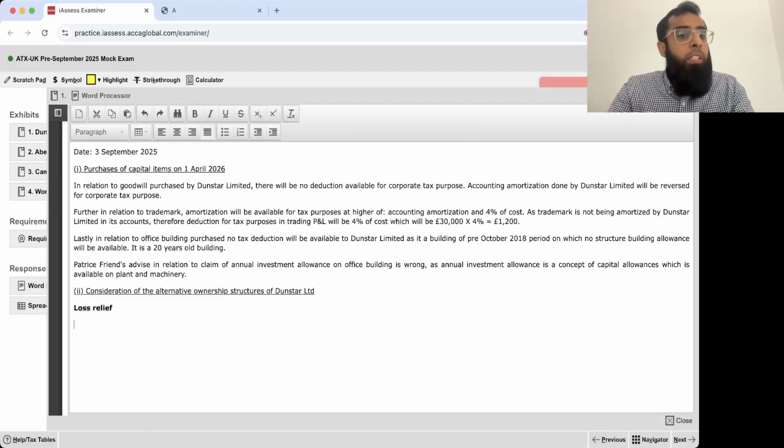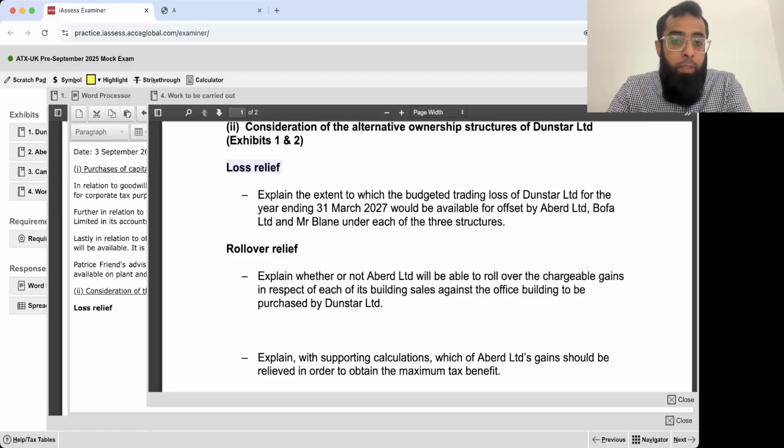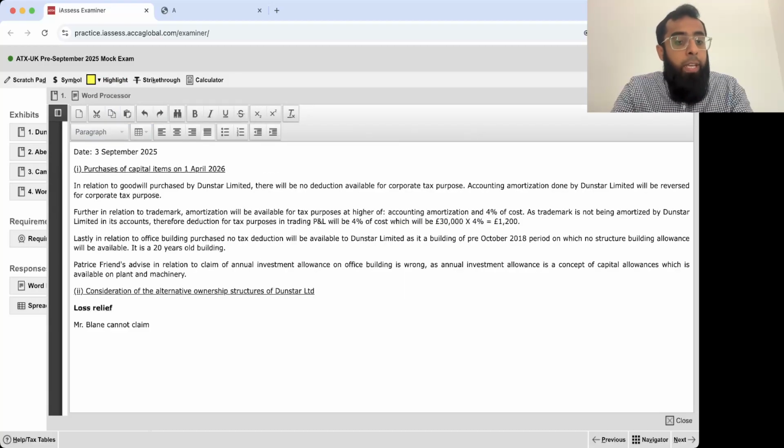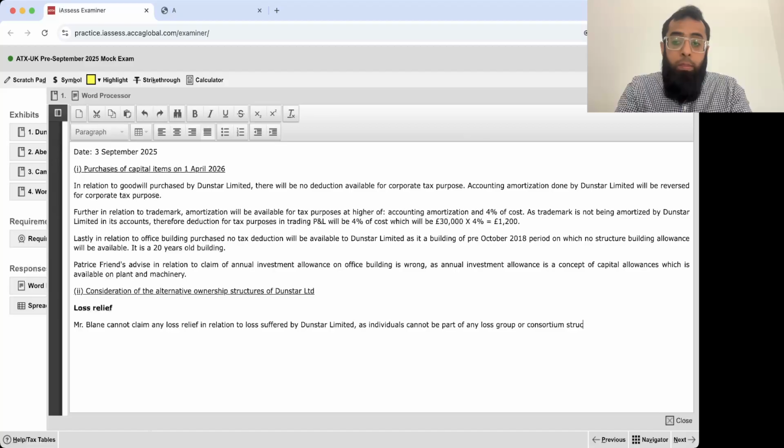Now, first of all, in relation to the loss relief, Apparid, BOFA Limited and Mr. Blaine under each of the 3 structures, Mr. Blaine cannot claim any loss relief in relation to the loss suffered by Dunster Limited, as individuals cannot be part of any loss group or consortium structure. First, let me make it clear for Mr. Blaine that you please stand outside. You cannot get any loss relief.